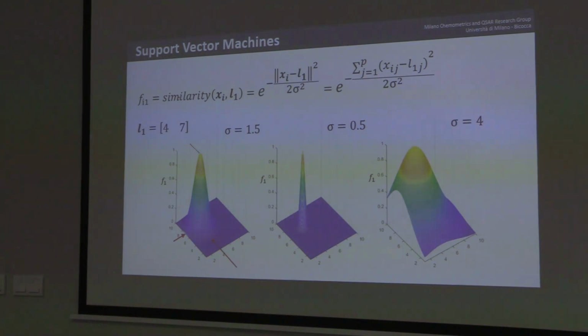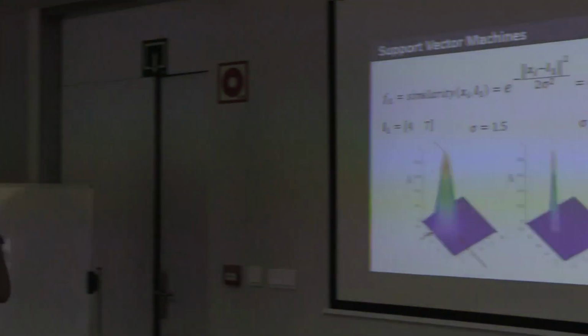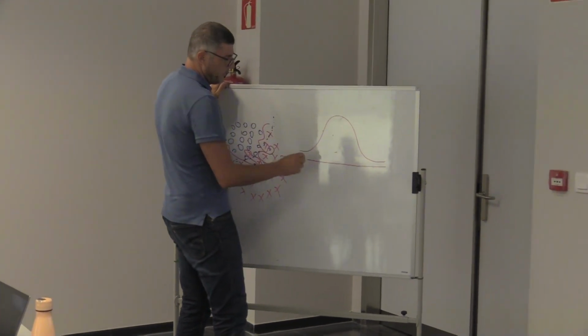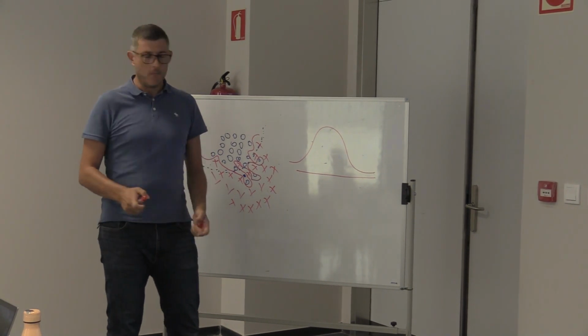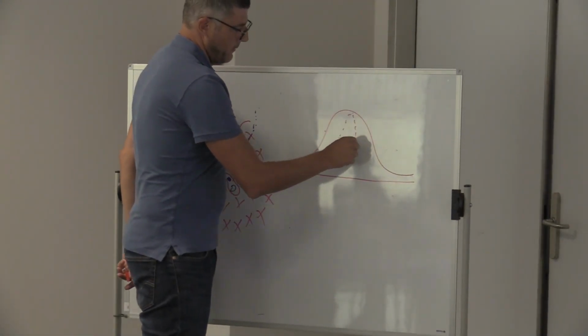It's the same as when you look at this in a univariate way: it's just a Gaussian distribution like this, and if you reduce sigma, then your Gaussian distribution becomes like this.